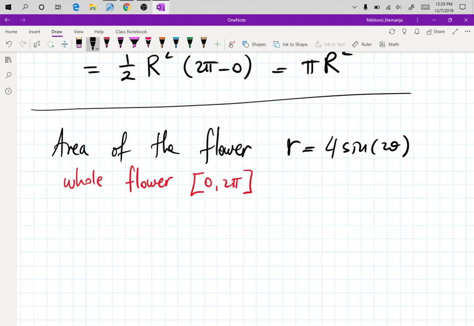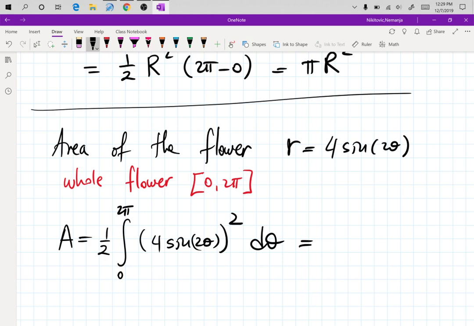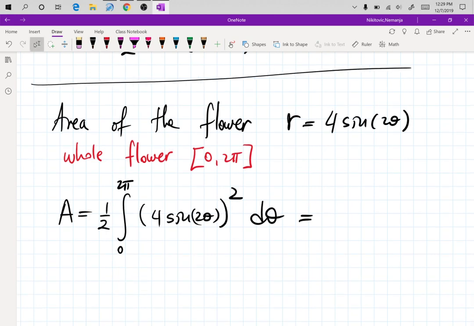All right. So now we have area is 1/2, and now whole flower 0 to 2 pi, and we have our 4 sine 2 theta squared d theta. Do we all see what's coming up? I hope you see sine squared coming up. And how do we integrate sine squared?